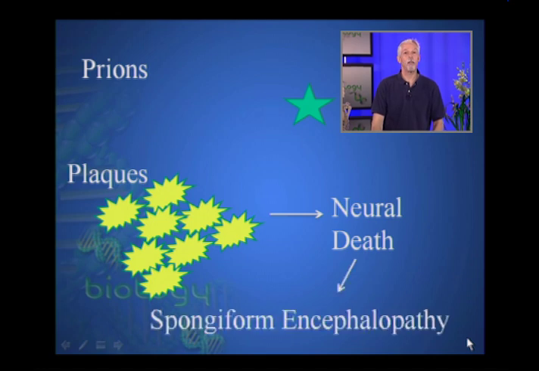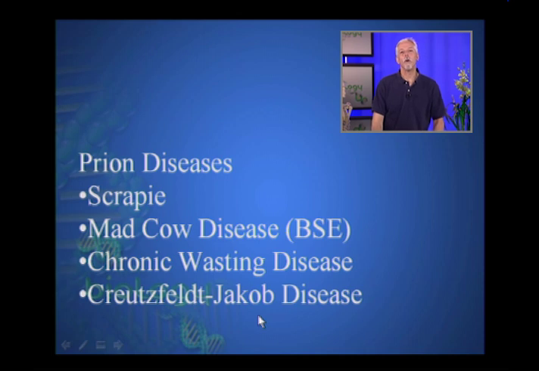Ultimately, this leads to what's known as a spongiform encephalopathy, which is a real mouthful, but basically spongiform is telling you that you're going to have holes in your brain. A pathology of the brain that causes a spongy brain is what this eventually causes. So basically you eat holes in your brain, or it does. As we look at different types of prion diseases, one is scrapie, which is found in sheep.